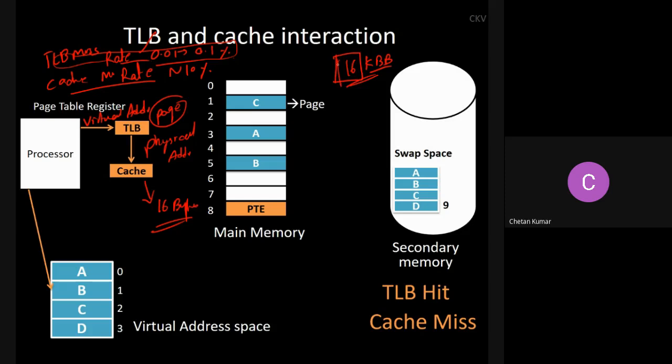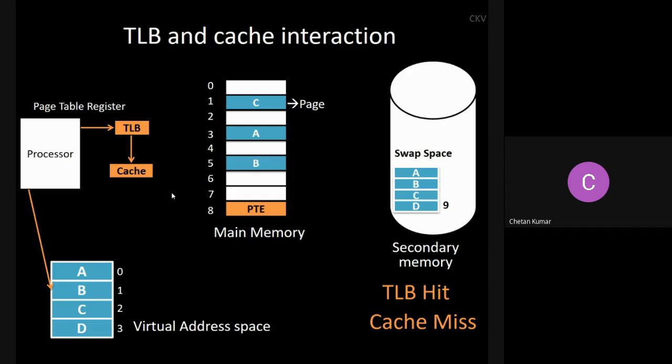So when you translate this information once, you keep on accessing within this range most of the time, because your instructions and your data will be there within that. Whereas in the cache, your data keeps on changing, because these 16 bytes will keep on getting replaced. So you will have a higher miss rate for the cache when you compare it with the TLB. This we have already explained; I just covered it as an addition to this.